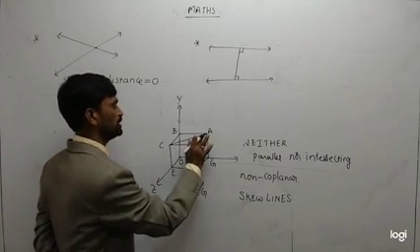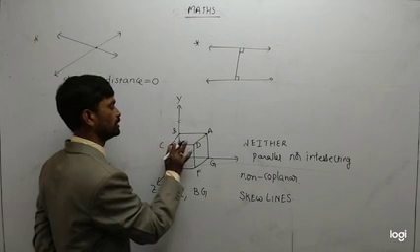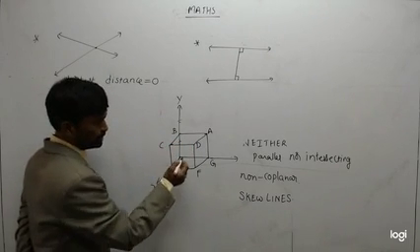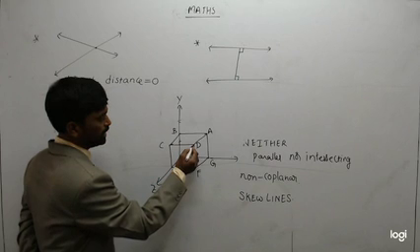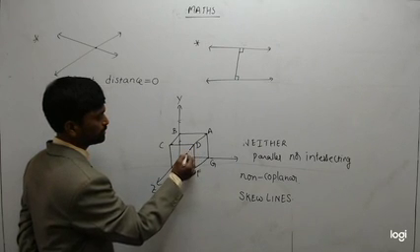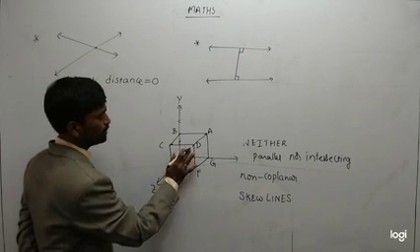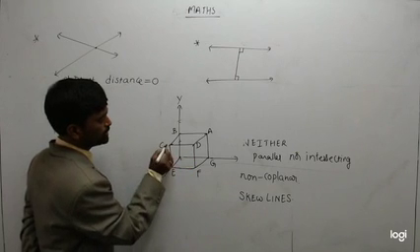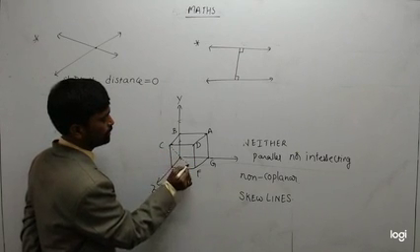Or to understand easily, you consider these lines. So here I am considering DE diagonal. Or you consider better CF diagonal to understand easily.